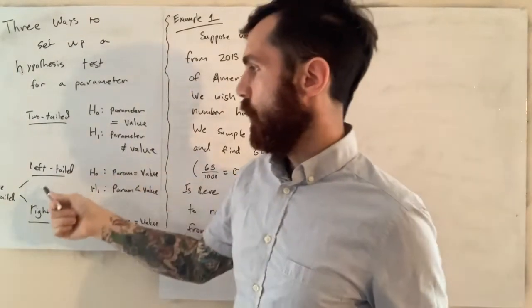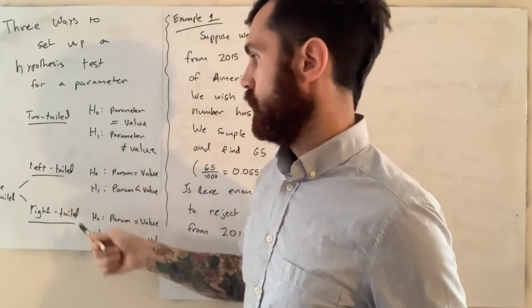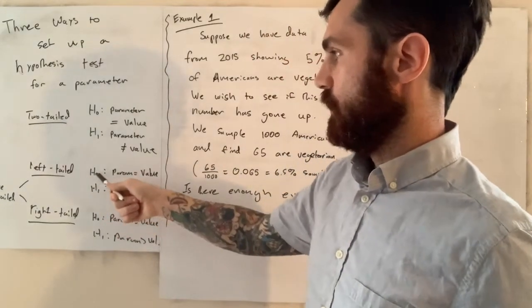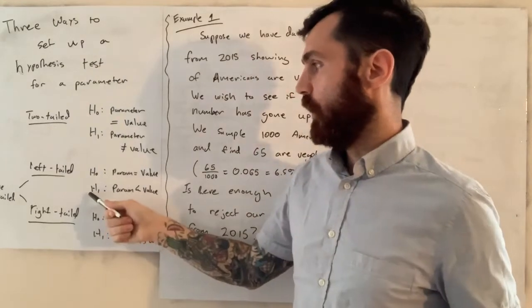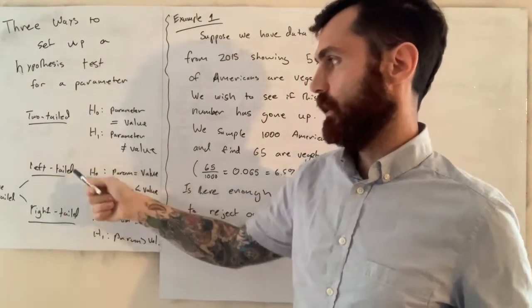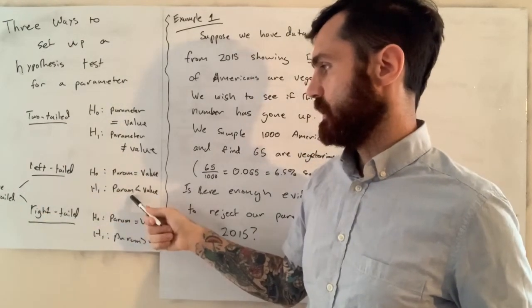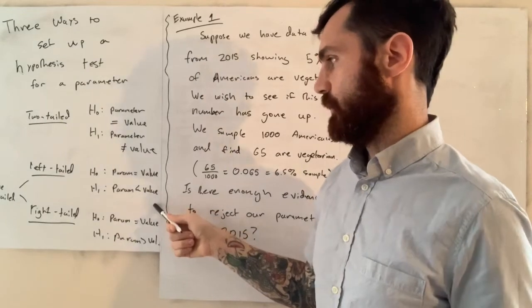And then we have these one-tailed options, where our null hypothesis is parameter equals a value, and our alternative hypothesis, for left-tailed, again under the one-tailed, is going to be that the parameter is to the left of this value.